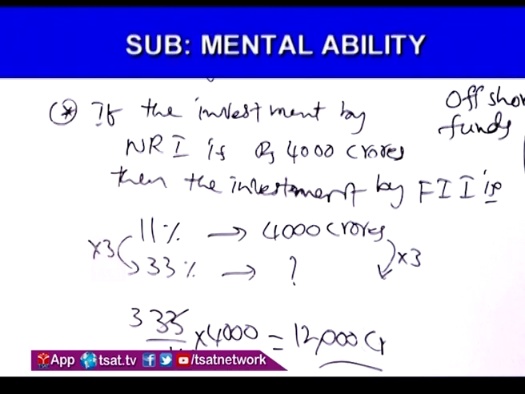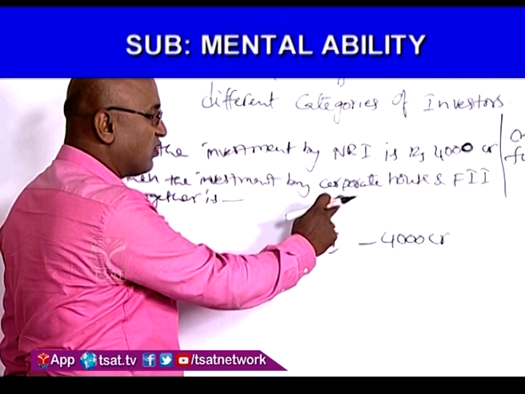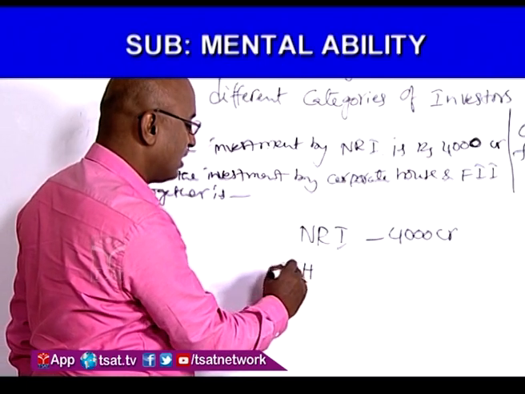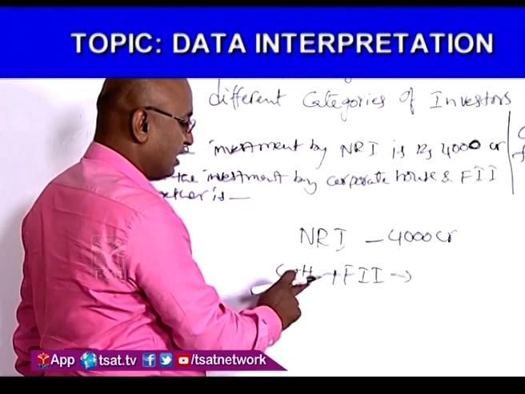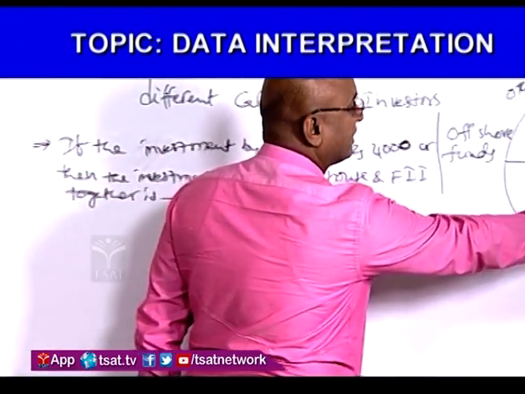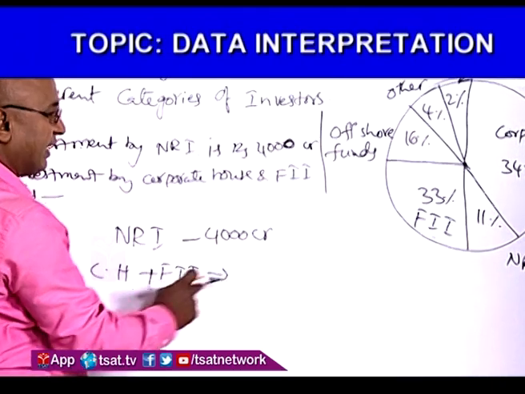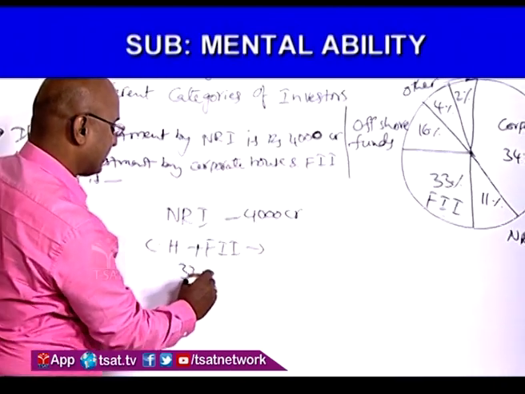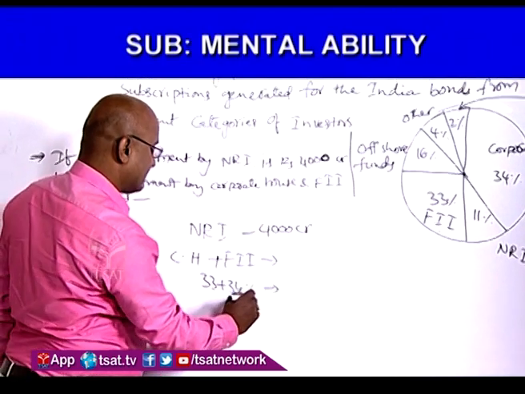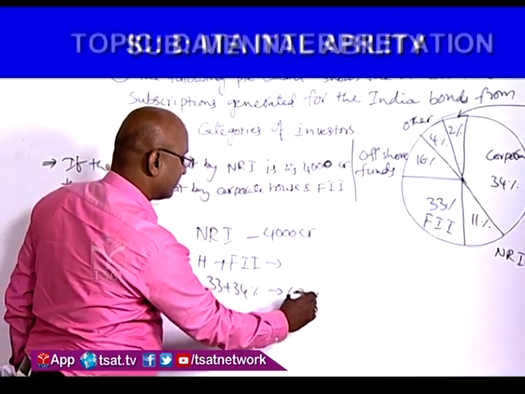See, the next question in this problem is like this. The investment by corporate house and FII, so their share is how much? Corporate house is 34% and FII is 33%. So 33 plus 34 is equal to 67%.